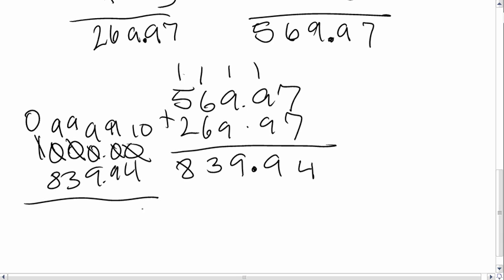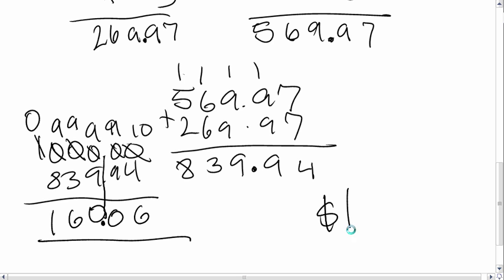So that is 10 minus 4 is 6. 9 minus 9 is 0. 9 minus 9 is 0. 9 minus 3 is 6. 9 minus 8 is 1. And since it's subtraction, you're just going to bring it down, put it right there, and that's your answer. $1,606.